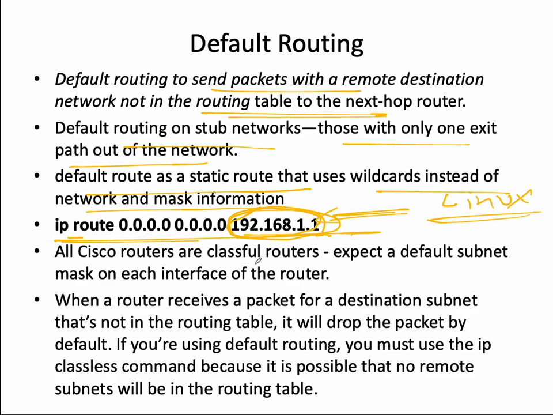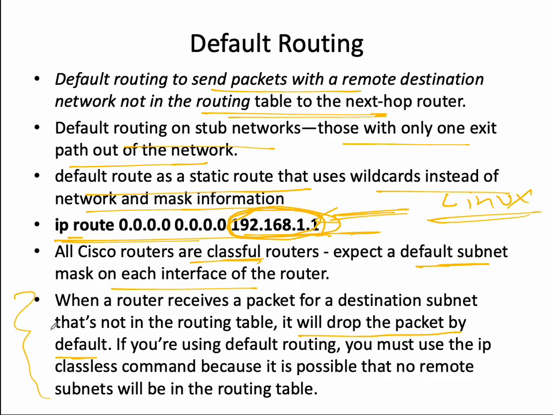So all Cisco routers are classful routers, expecting a default subnet mask on each interface of the router. And we discussed it in IP addressing: what are classful IP addresses and classless IP addresses? When a router receives a packet for a destination subnet that's not in the routing table, it will drop the packet by default. This is what it does, right?